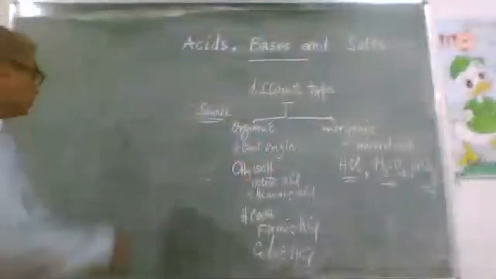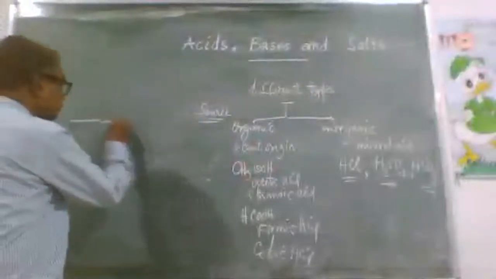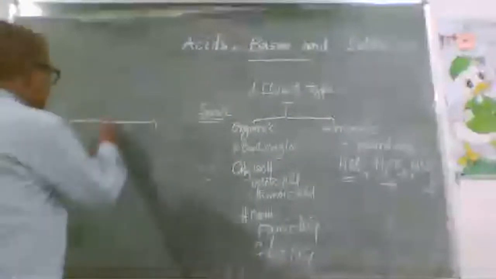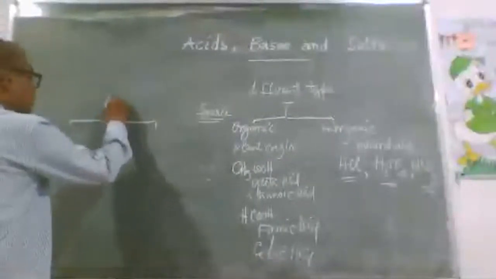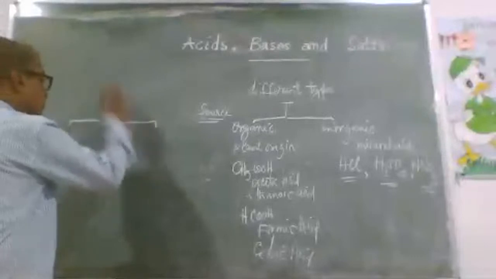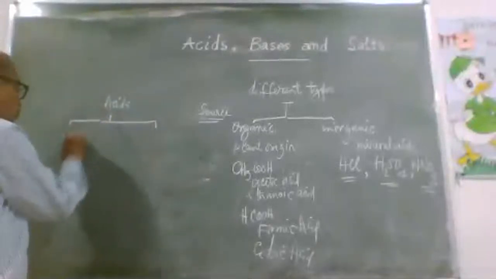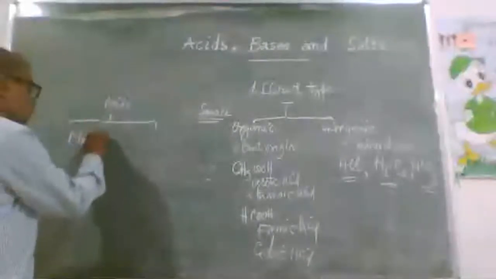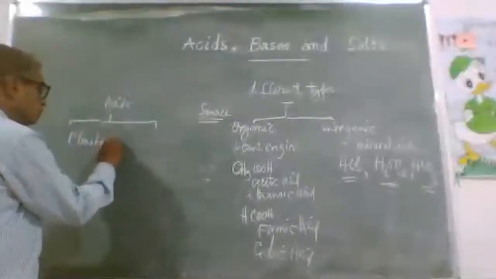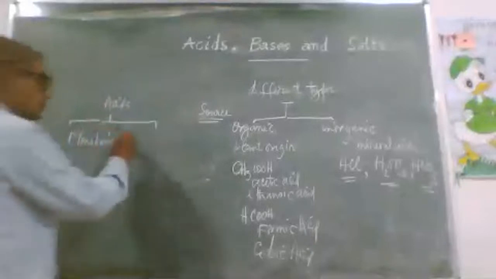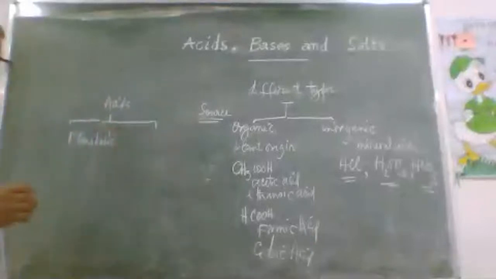Now, the second type of acids. Acids are sometimes called monobasic acids, sometimes dibasic acids, tribasic acids, and so on.